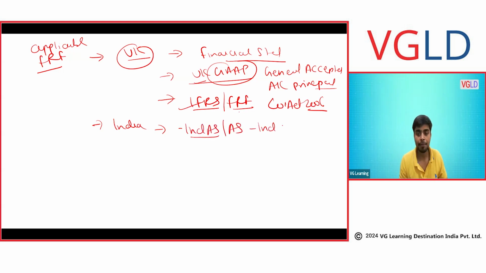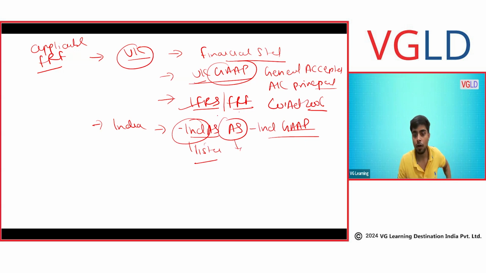So this is Indian GAAP. As per Indian Generally Accepted Accounting Principles, they follow Ind AS or accounting standards. Large listed companies are required to follow Ind AS and small companies are required to follow accounting standards. Accounting standards are less stringent than Ind AS. So this is basically Indian GAAP as per the Companies Act 2013 of India.